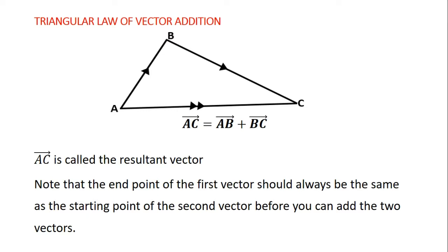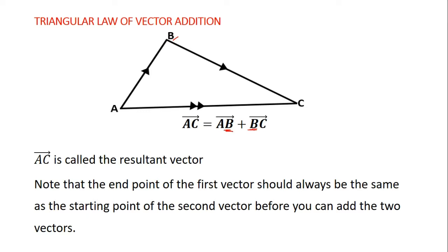So the end point of vector AB is B, moving from A to B. The starting point of the second vector must also be B before you can add the two vectors. So the first vector is vector AB. The end point is B. The second vector is vector BC. The starting point is B. So the end point here and the starting point here must all have the same letter before you can add them.